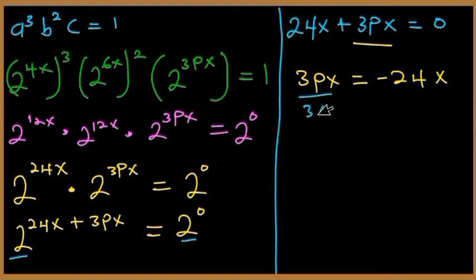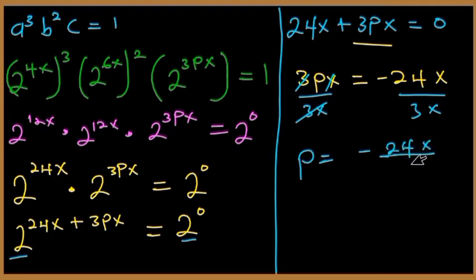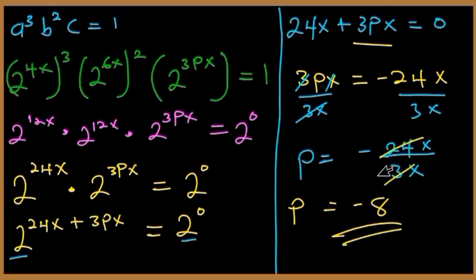So divide this one by 3x, divide this one by 3x. So this cancels this and this. So therefore my p equals negative 24x divided by 3x. So by simplifying it, my p becomes negative 8 by cancelling this.